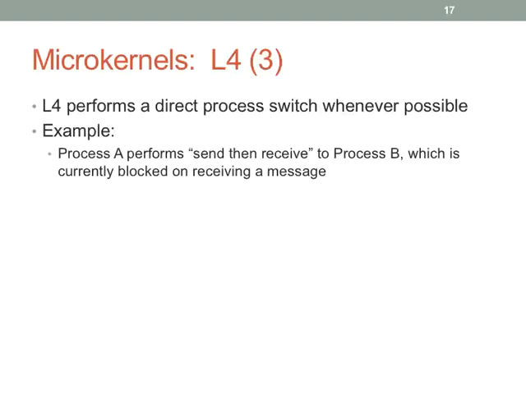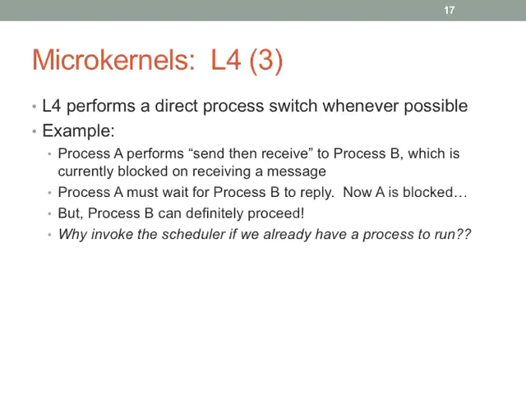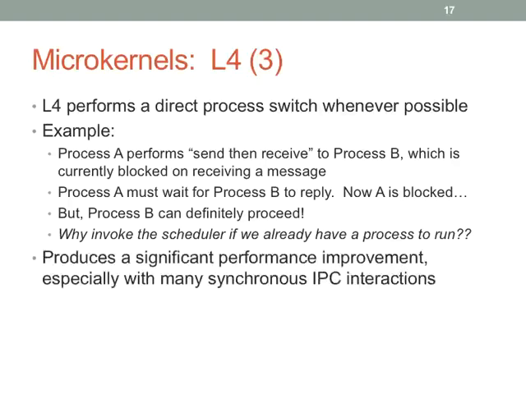I know another process that can proceed. Why don't I just switch to it? So in these situations, the kernel, because it doesn't invoke the scheduler, switches directly to process B and allows it to start executing. Okay? So that removes a huge amount of the overhead.